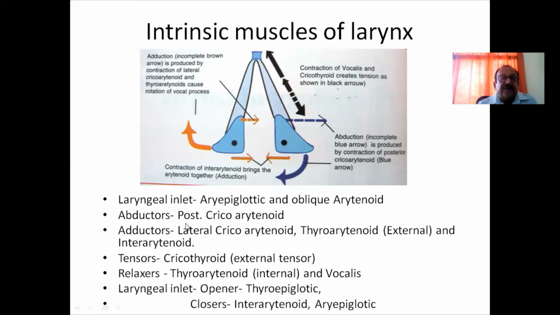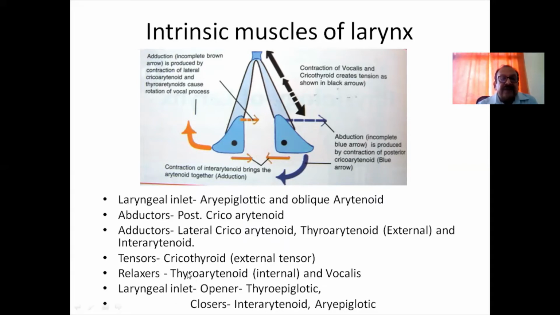The adductors of the vocal cord, this is the lateral cricoarytenoid, and when it contracts, it facilitates the adduction of vocal cord into the midline and helps in closing the glottis.